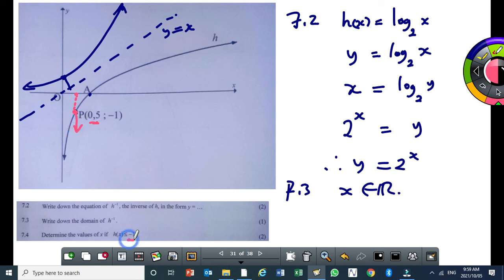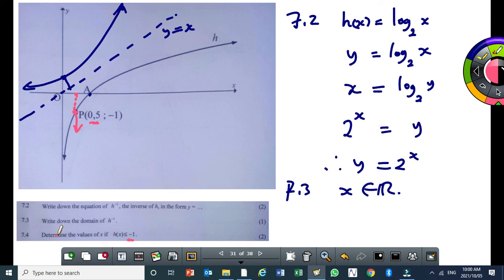From this point here, going down, the y values are less than minus 1. But can x be 0? No. x can never be 0 because the y-axis is an asymptote. I hope you know this. For any logarithmic function, x can never be 0 because the y-axis is an asymptote. Therefore, our answer, this question does not require you to do any calculation.